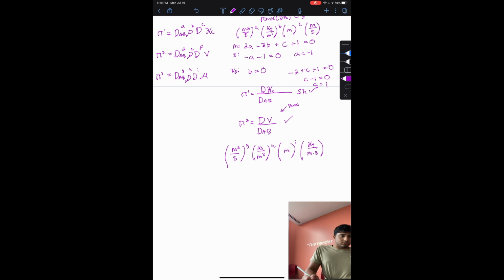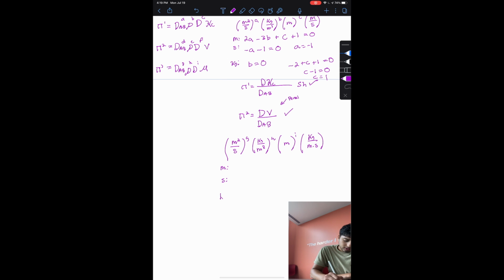So now we can solve it. Let's write down meters, seconds, kilogram. So for meters, 2G minus 3H plus I minus 1 equals 0.